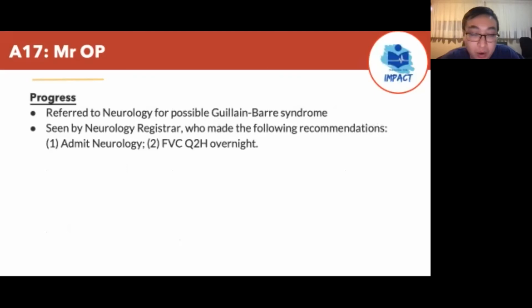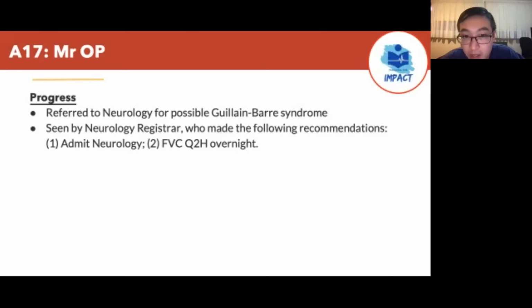I think GBS is probably the first, second, and third differential that you want to consider in a patient who was feeling a bit unwell for 2 weeks and then presents with this progressive weakness to the point that he's unable to stand. So on his second presentation, we referred this patient to neurology for possible Guillain-Barré syndrome.